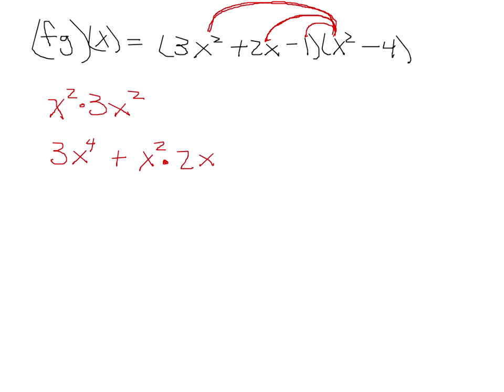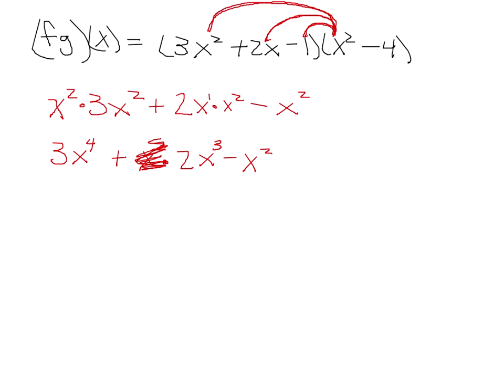Fortunately, multiplication is commutative, so it doesn't matter. 2x times x squared is going to give me 2x cubed, because 1 plus 2 is 3. And then I get minus 1 times x squared, so minus x squared.